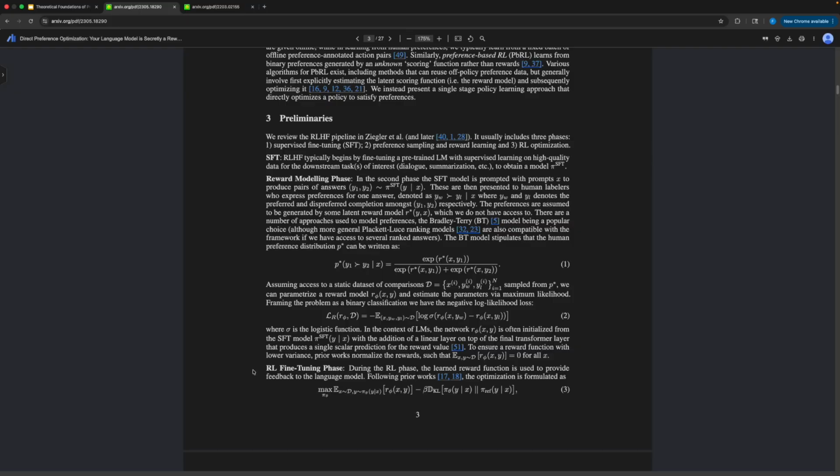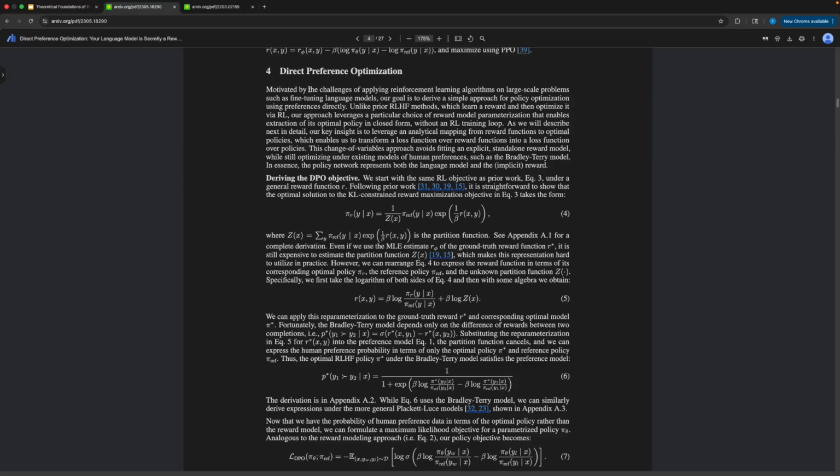And often, as in this particular paper, you would have to add another part to your objective to ensure that the model also does not forget its pre-training stage knowledge. So you add some term to your objective there as well.